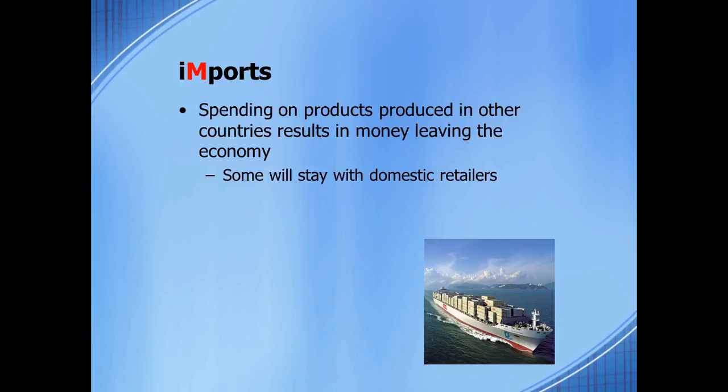Now some money does stay with domestic retailers. If we buy from Tesco a tin of Italian tomatoes, the bulk of that money will go to Italy where the tomatoes are produced, but some will stay with the domestic retailer.